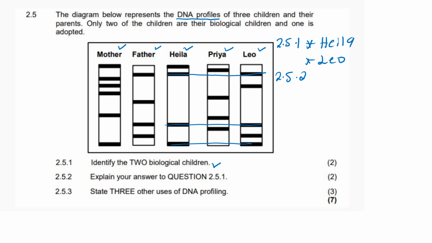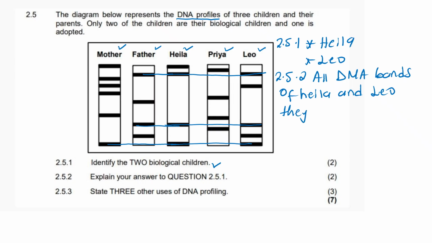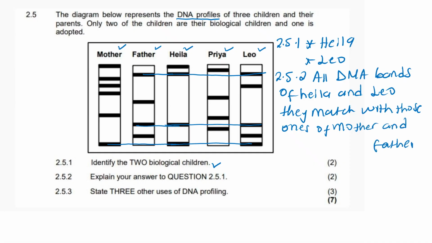They match with that one of the mother and with that one of the father. So all DNA bands of Helia and Leo match with those of the mother and of the father. Very good.